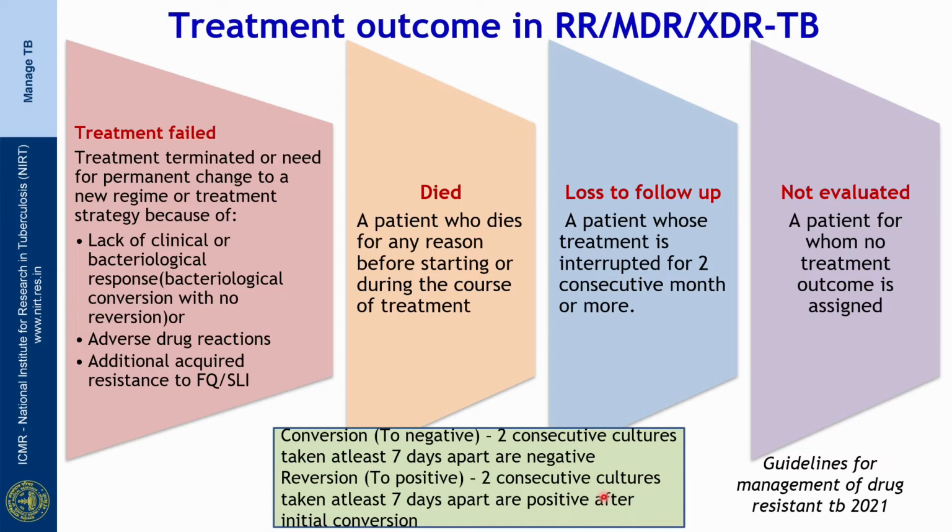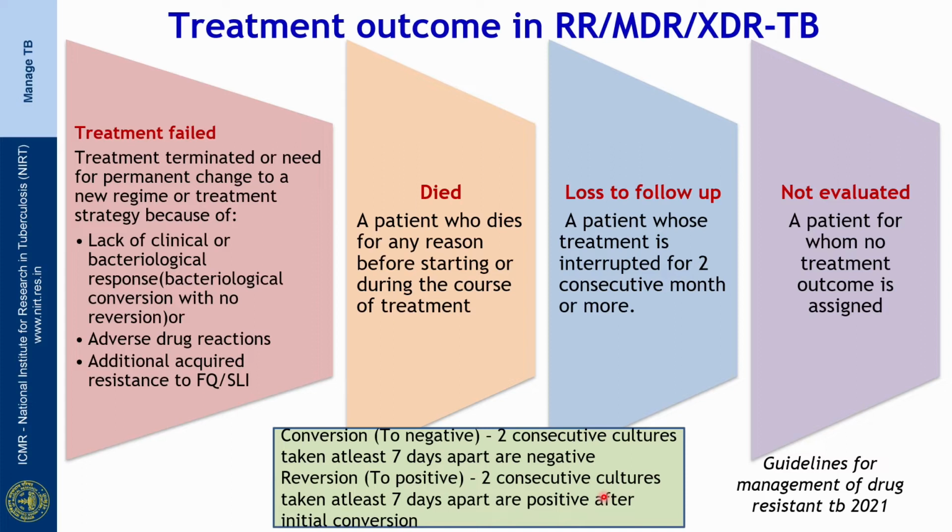So failed is defined as treatment terminated or need for permanent change to a new regimen or treatment strategy because of lack of clinical or bacteriological response, that is bacteriological conversion with no reversion, or adverse drug reactions or additional acquired resistance to FQ and second line injectables.